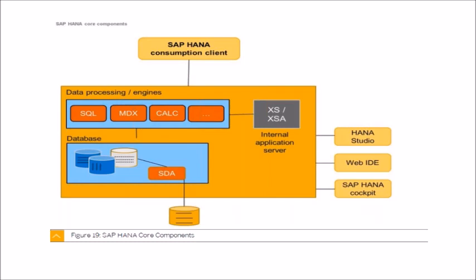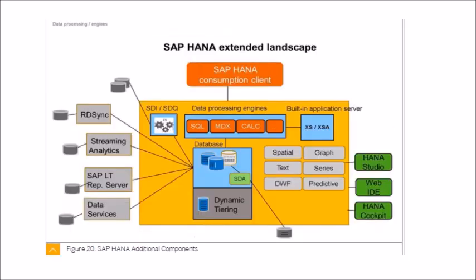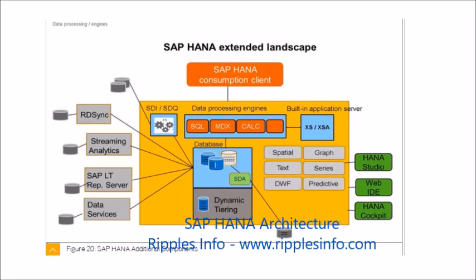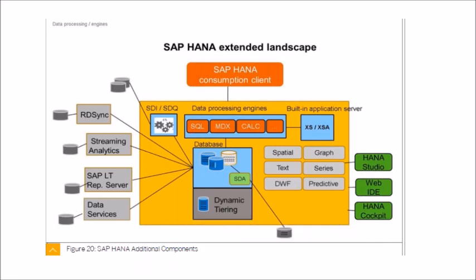But if you look at the extended landscape with all the additional components, look at this. This is an extended landscape. So much is there. Here you have the dynamic tiering, additional processing engines, SDI and SDQ, which is EIM.